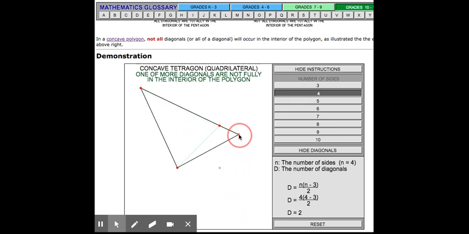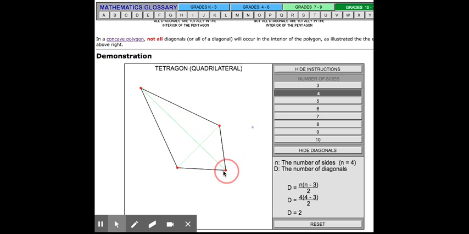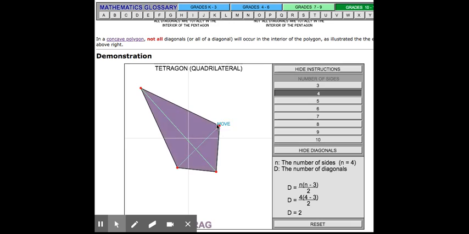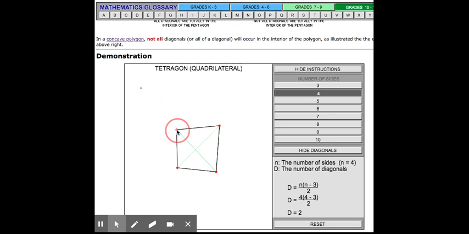But as soon as this shape is changed so that we have one angle that's greater than 180 degrees, one of the diagonals falls on the outside, and the number of diagonals, however, does remain the same at 2. And that's because the formula for determining the number of diagonals is simply based on the number of sides. It has nothing to do with the type of angles that are inside of this polygon.